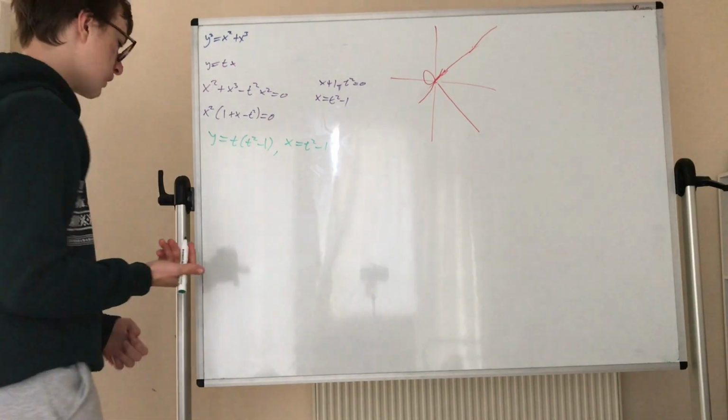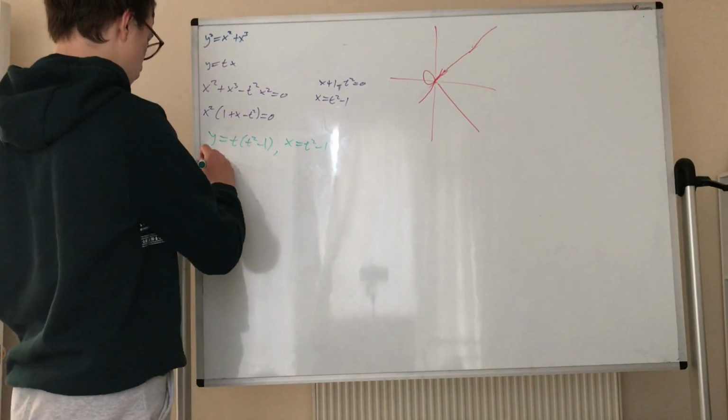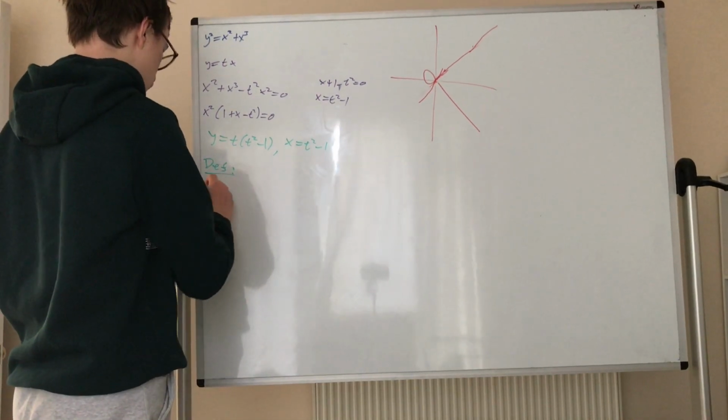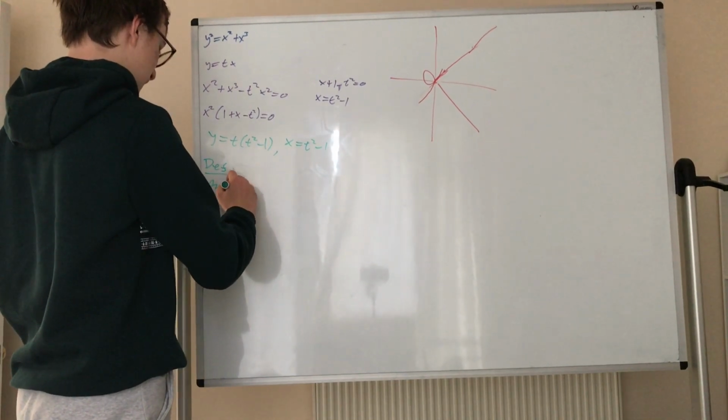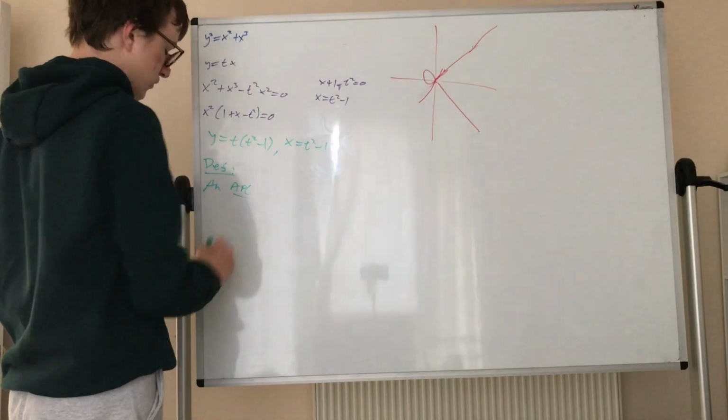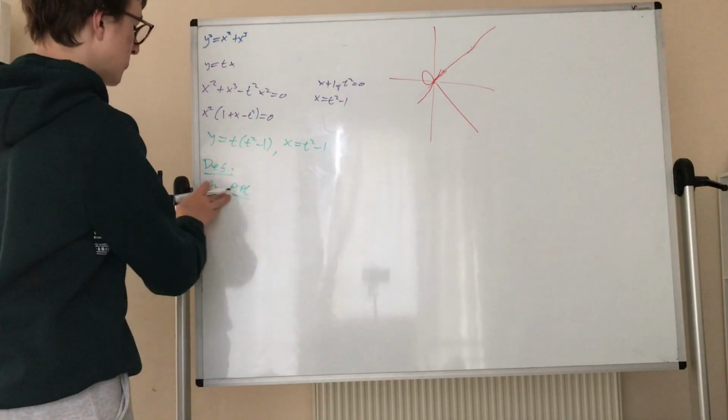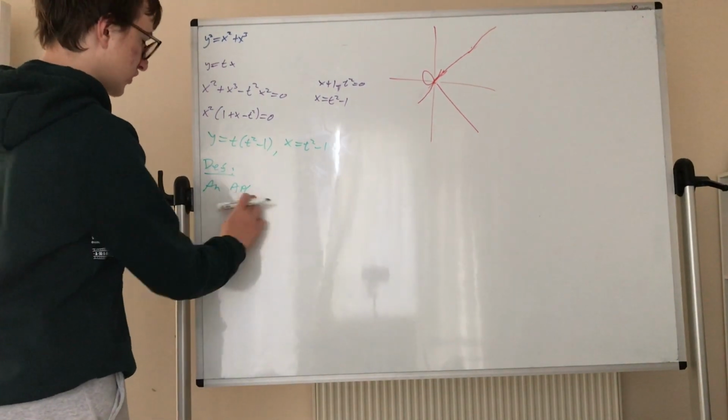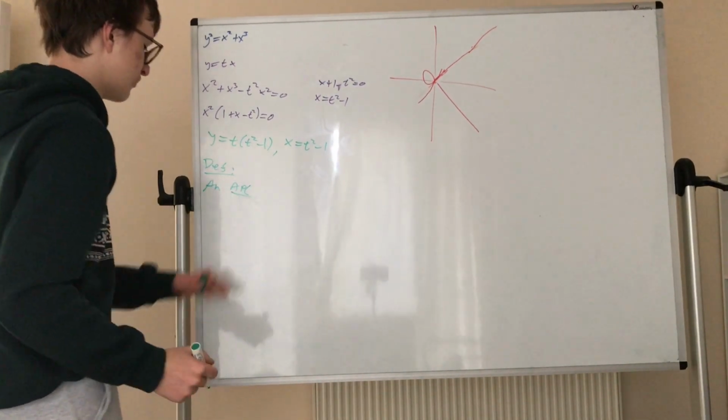We have a definition. An algebraic plane curve, which I don't think is normally abbreviated to APC, but just for laziness, I will denote it by APC.